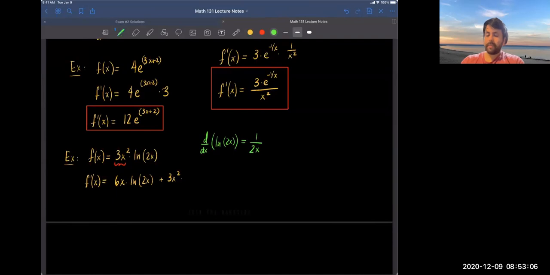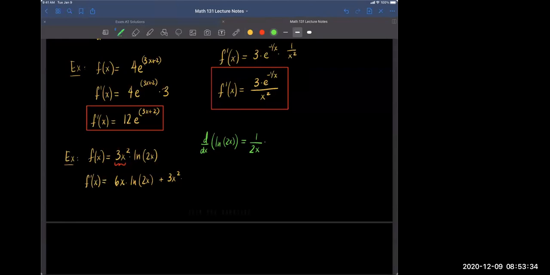You're missing something. Do you see I have an outer function and an inner function? My outer function is ln. The derivative of ln is 1 over whatever is inside. But then I need to multiply by the derivative of the inside, 2.